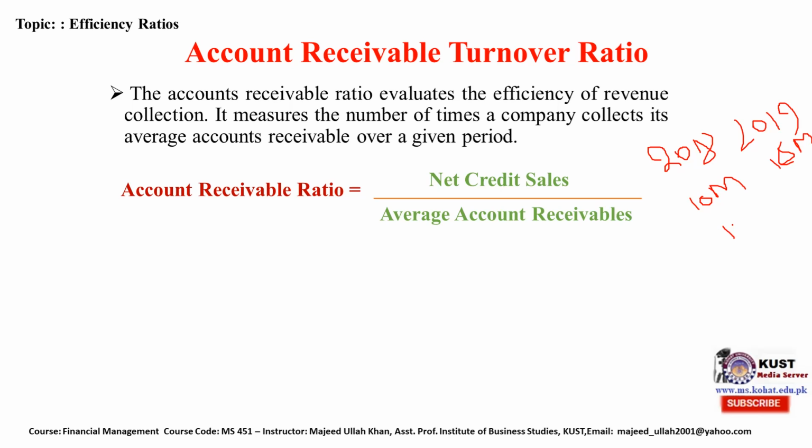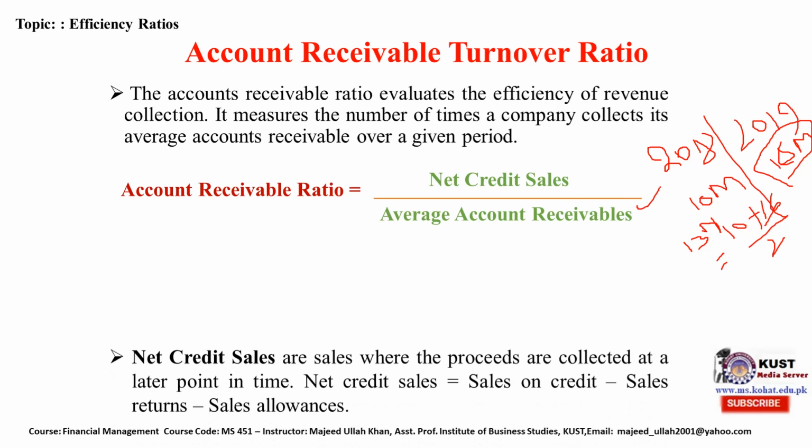We will add both, 10 plus 16, divided by 2, which is equal to 13. So this is how we calculate average account receivable. If data for the two years are not available, let's suppose 2018 is missing, we will simply use this 16 million instead of average account receivables.